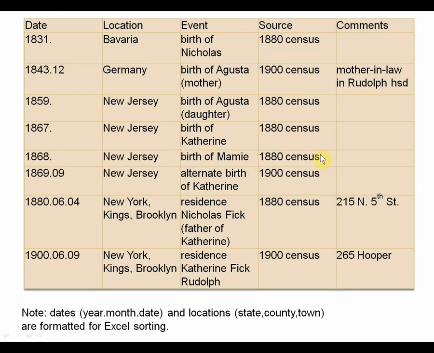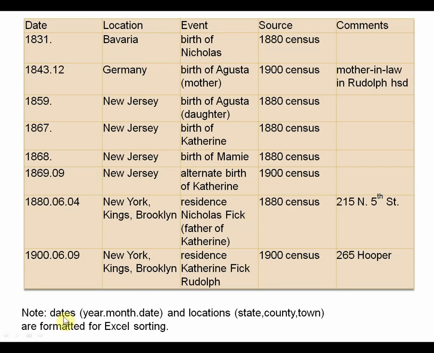I use this format that I'm going to explain. I can use this in both a Word document or I can use it in Excel. So let me talk about the format that I use in preparing these timelines.